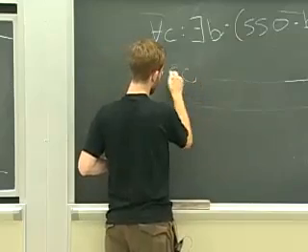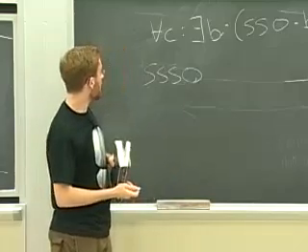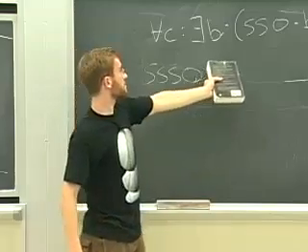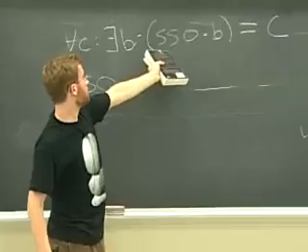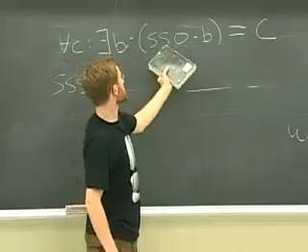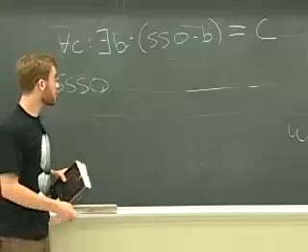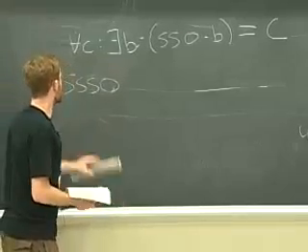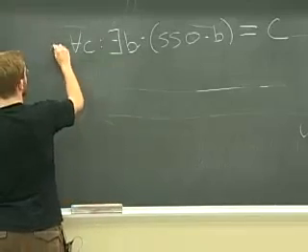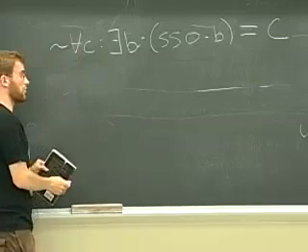It's SSSO. And through our interpretation, we can see that there does not exist a B such that 2 times that number is 3, namely because 3 is odd, right? And then with the tilde, which means not, our false statement is now made true.